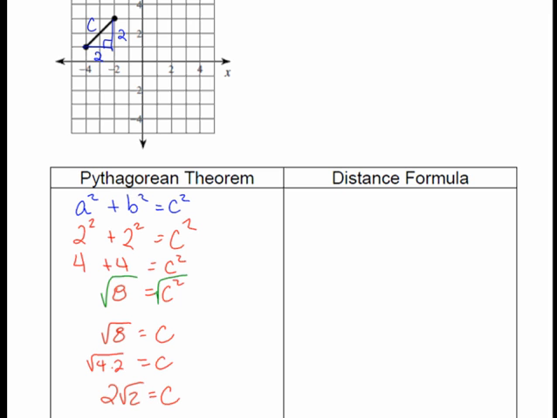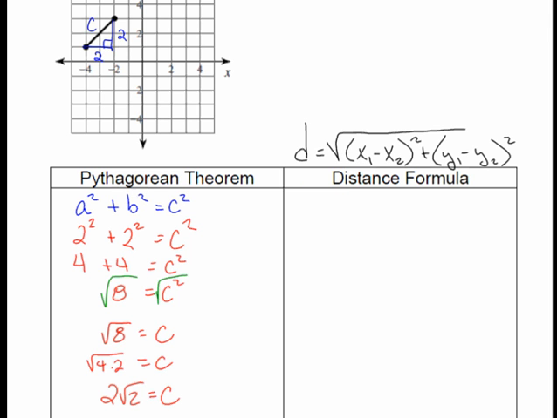We're going to do the same thing using our distance formula. Our distance formula is the square root of (x1 minus x2) squared plus, not x again, we already did x. Let's try that again. Plus (y1 minus y2) squared.